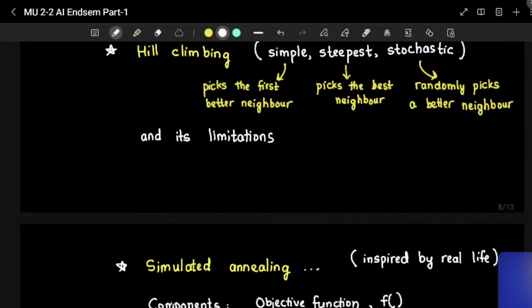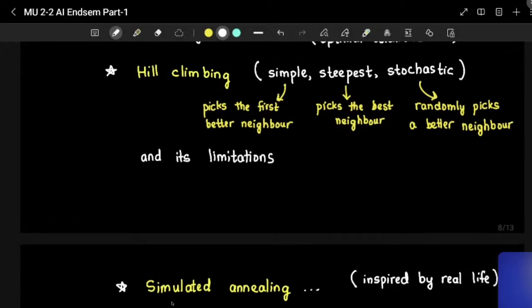How do you compare two states? You look at the evaluation function, so let's say some f of x or f of n, whatever is there. If you want to maximize f, whichever state gives bigger f is the better state, right? That is ascent. Descent means you have to minimize f. We've done something similar to this in the previous semesters.